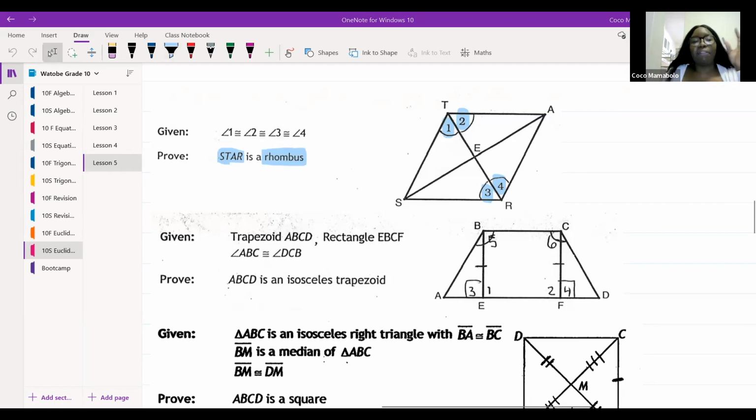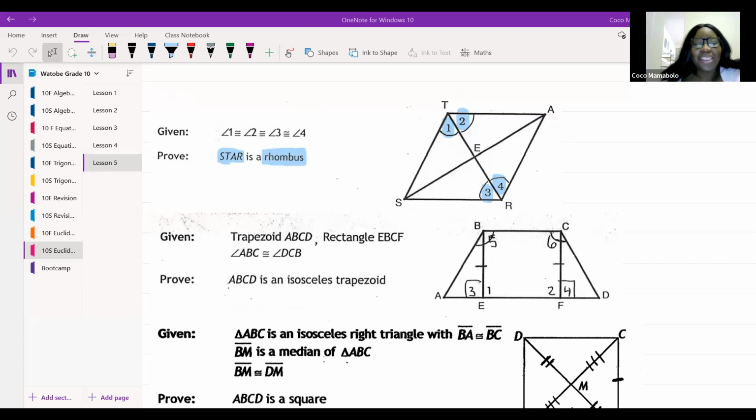Okay, so we first need to think, guys. Let's think of all the properties of a rhombus that we want to know here. What properties can we possibly use by looking at this that is going to help us? What properties of rhombuses, rhombi?